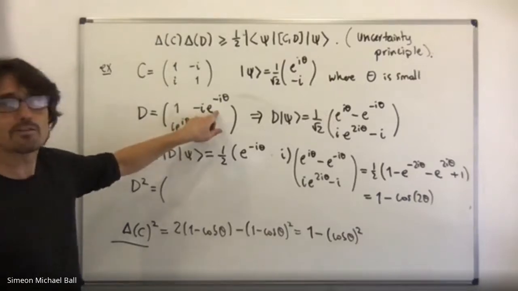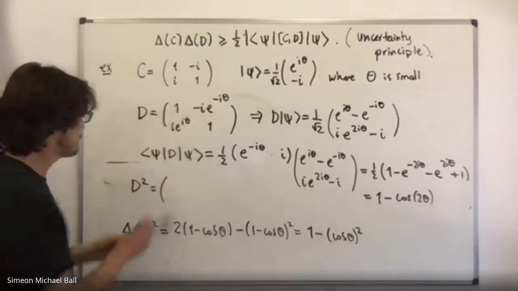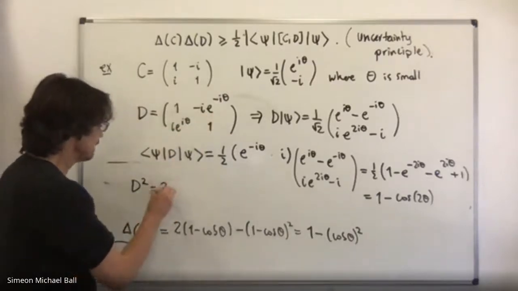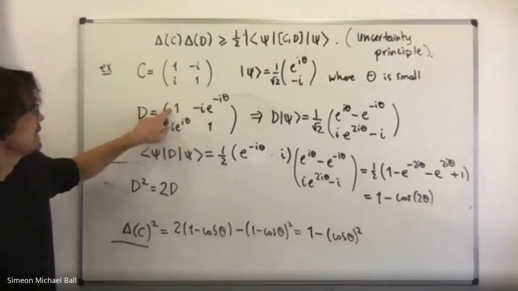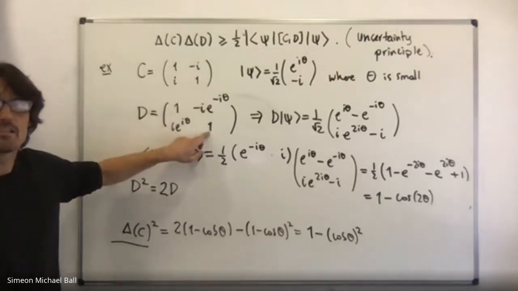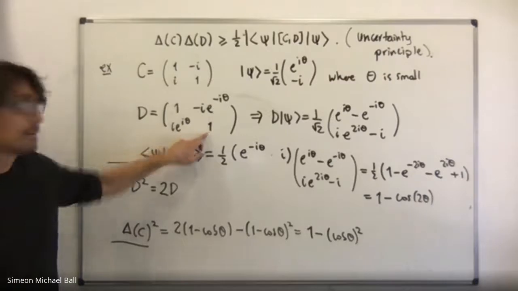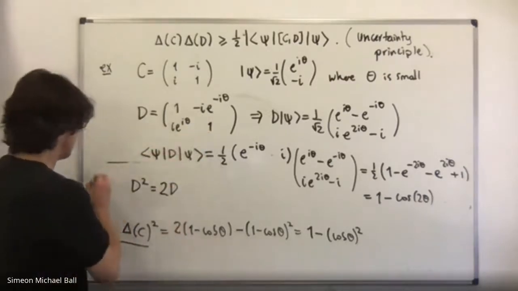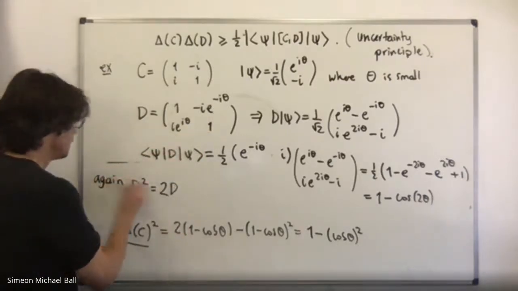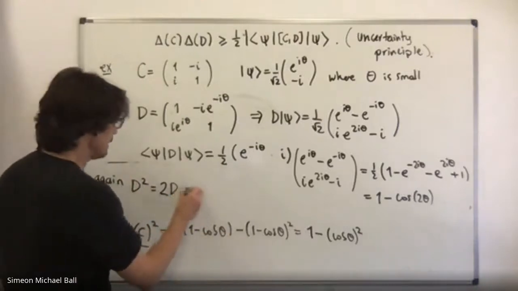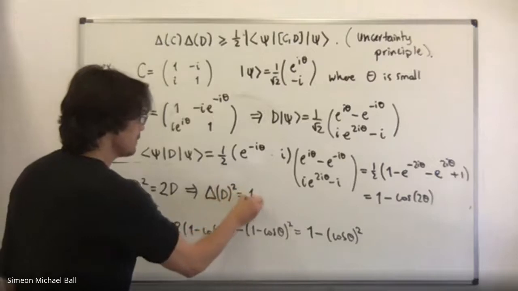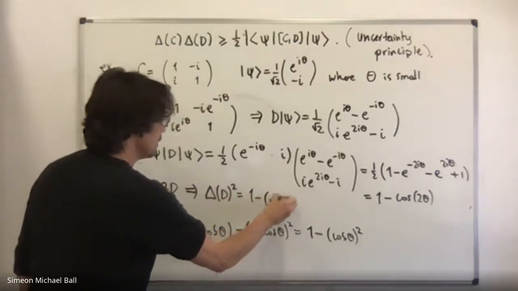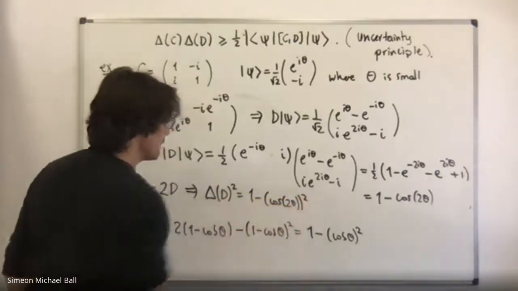I chose this cleverly so that D squared is in fact 2D, because this determinant is 0, and if you change this to a minus 1, it's again still determinant 0. So everything is the same, and we conclude that the variance of D is (1 minus cosine 2 theta) all squared.